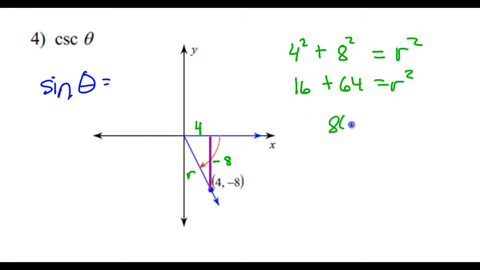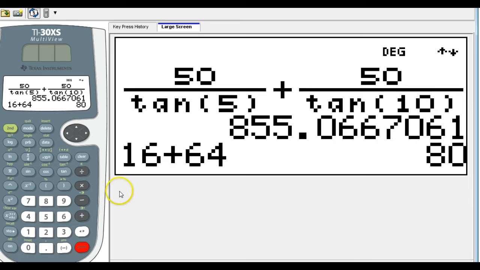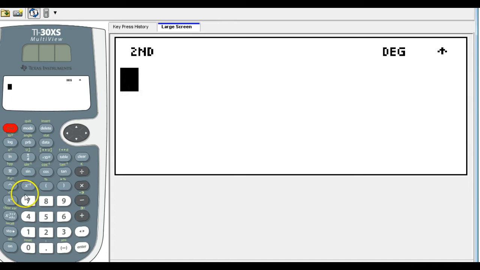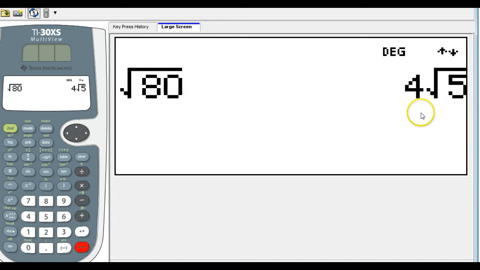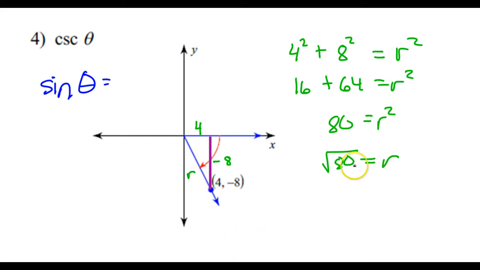That's going to be 80 is equal to the radius squared. Taking the square root of both sides, that means the radius is going to equal the square root of 80. And we're not going to use a calculator or anything. This could simplify further. If we did the square root of 80, I know that would be 4 radical 5, but I'm actually not going to go there right now. I'm just going to leave it as radical 80 for the moment.